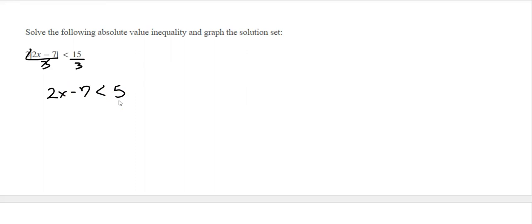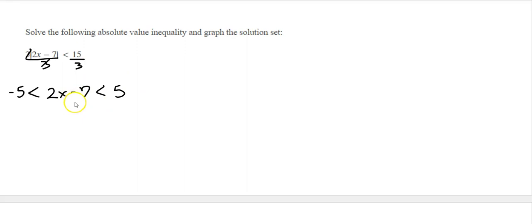Okay, now to make this easier, instead of just writing out this twice, you can always do this. Look, I can add a negative 5 right there. Then we would just solve both sides of the inequality.